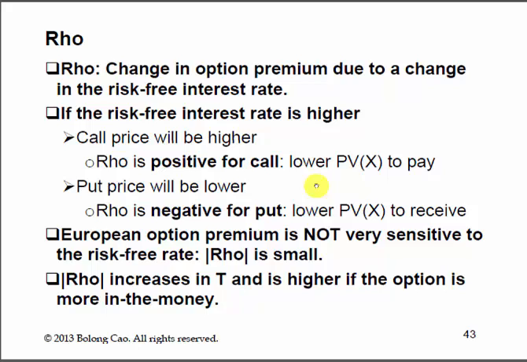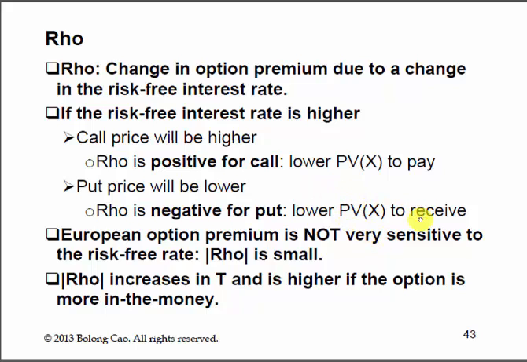In that way, a higher risk-free rate makes the call premium higher. Obviously, here it's the opposite for the put premium. A higher risk-free interest rate makes the put premium lower because from the put option you are going to receive that strike price.